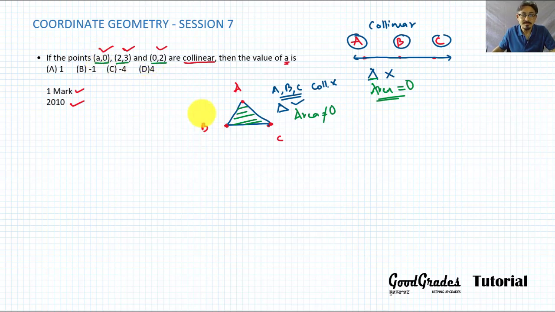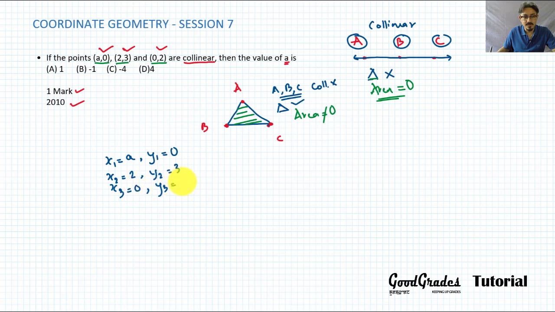Okay, so let us continue and see how we can solve this. From the question, x1 is a, y1 is 0, x2 is 2, y2 is 3, x3 is 0, y3 is 2.